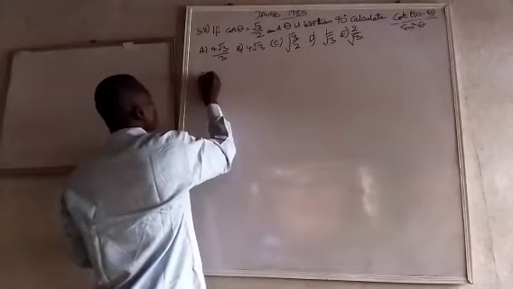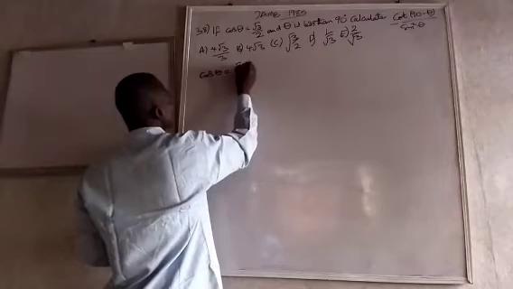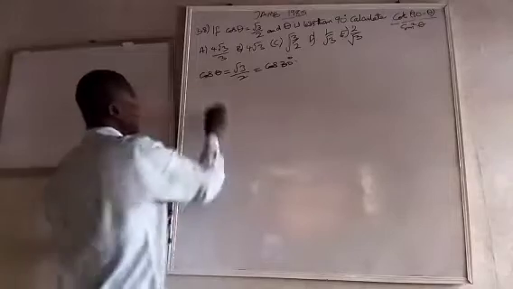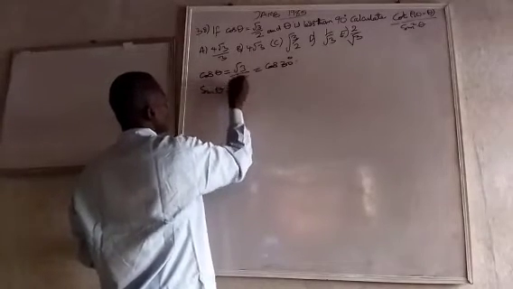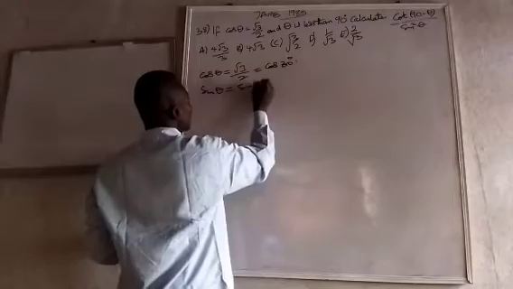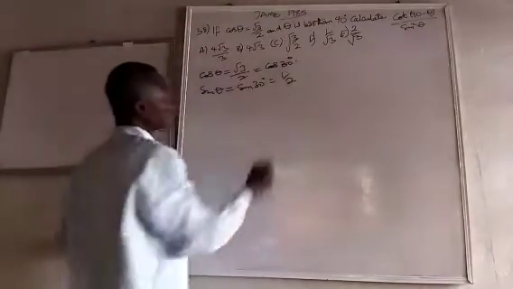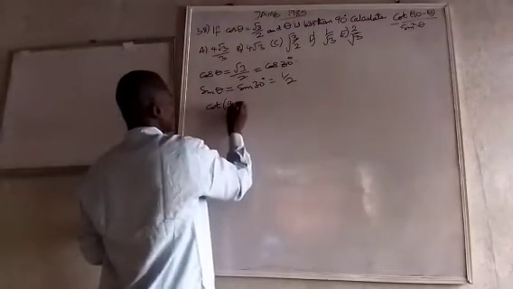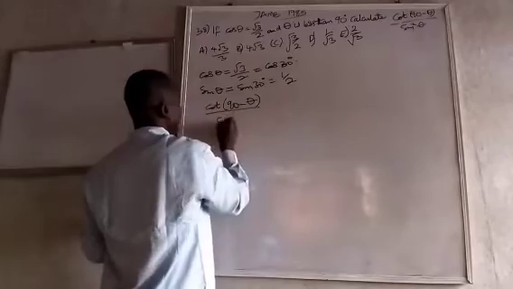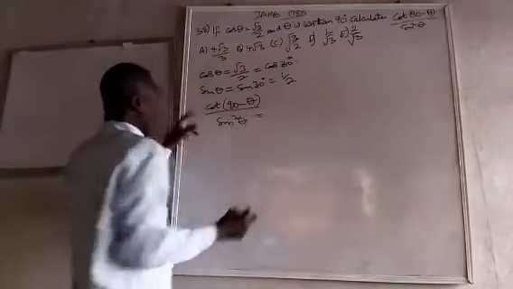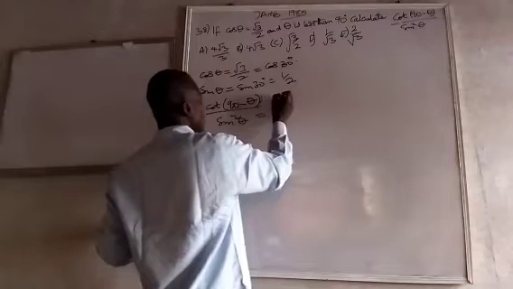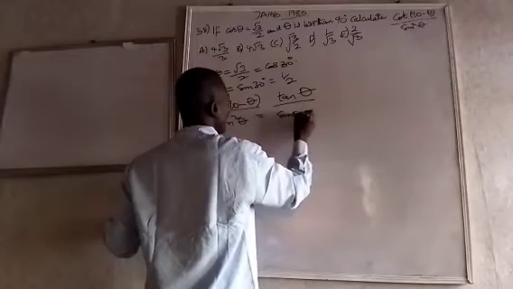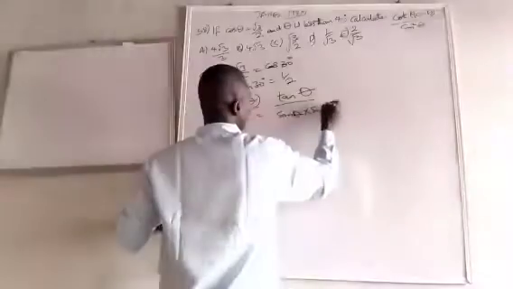So you can say cos theta is equal to root 3 over 2, which is cos 30 degrees. Now sin theta is equal to sin 30 degrees, which is half. And so we can break that one down as cos(90 minus theta) over sin square theta is equal to sin theta over sin theta times sin theta.